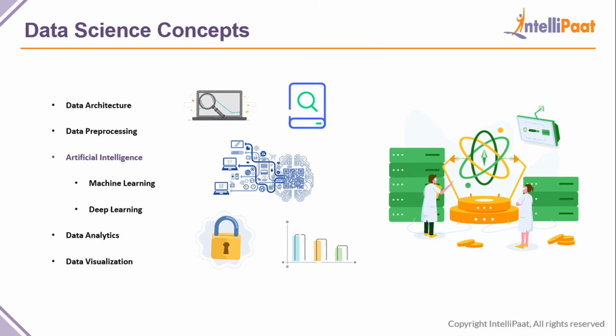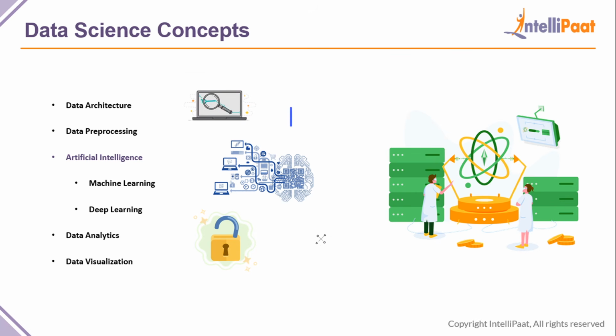Well, before I tell you why data is not so friendly, we need to understand the concepts which revolve around data science. The first thing is data architecture. Ladies and gentlemen, when you talk about data architecture, when you're working with a lot of data, you need to understand the data. You need to know how the data is put into your ecosystem, how the data can be worked there, and how it can be pushed out.